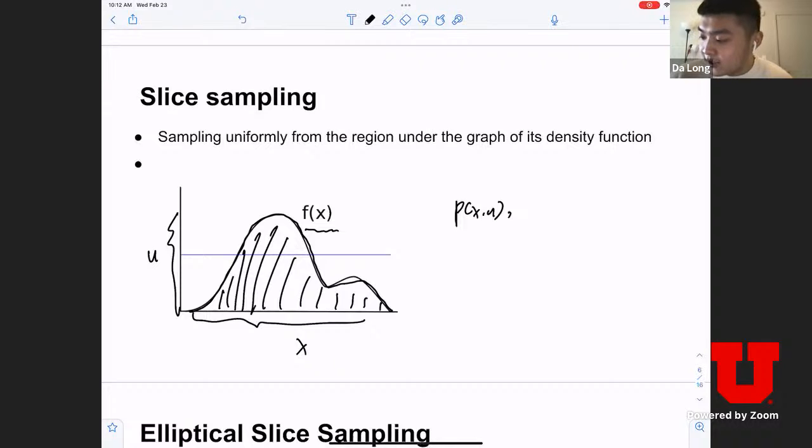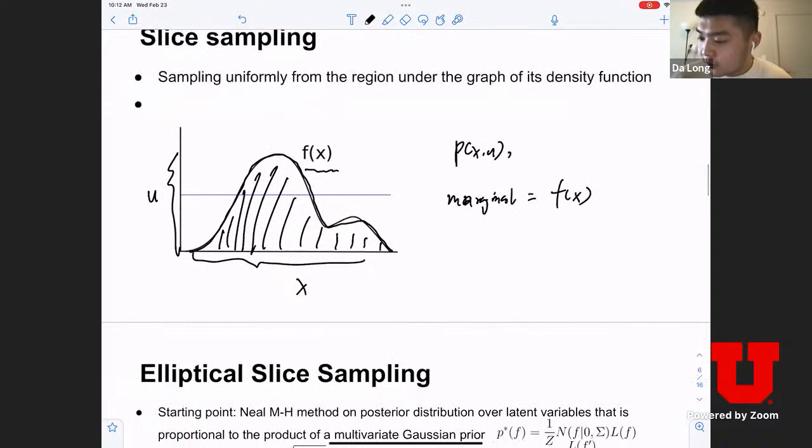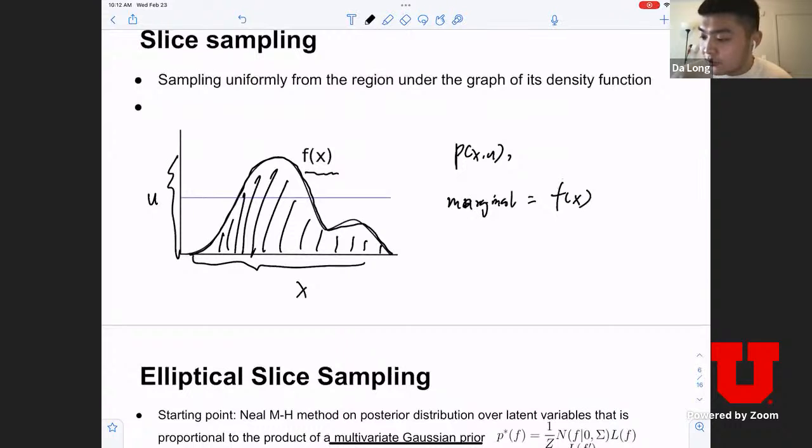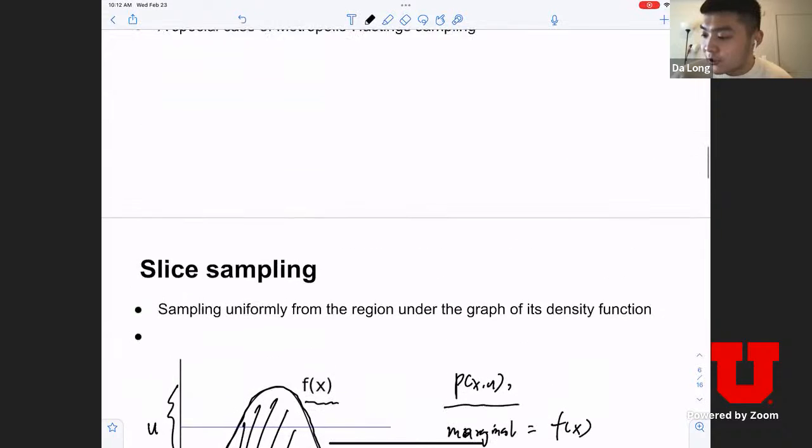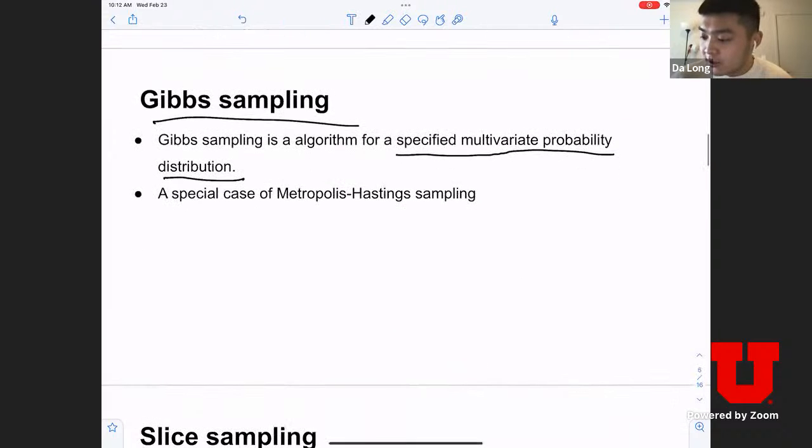And we can prove that its marginal distribution is equal to f(x). So this is the slice sampling. And how to do the sampling? Since the joint distribution is a two-dimensional distribution in this example, we can use the Gibbs sampling here.